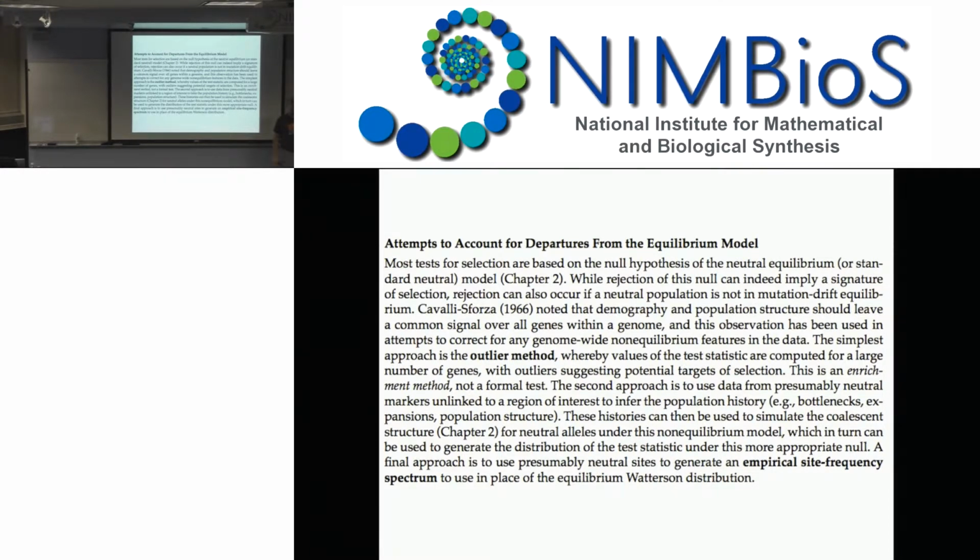Well, if instead you simply take putative random markers and look at the site frequency spectrum in those markers, that gives you an example to compare your particular gene to. So these are all, I'll call them, pseudo-statistics. They're ad hoc, but they're in a reasonable direction to try to improve.